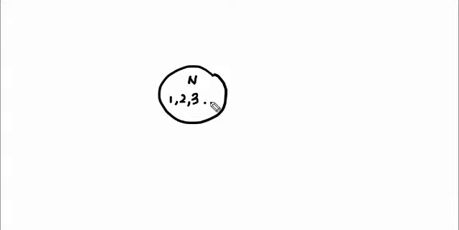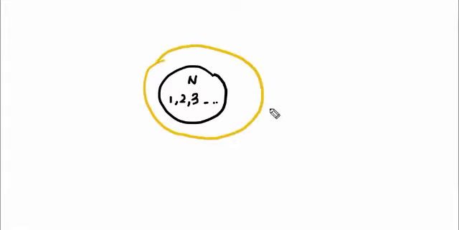Let's put these in a different format. First, we'll draw a circle for natural numbers. Now these are natural numbers and we know they are 1, 2, 3 and up to infinity. The next one would be whole numbers. For whole numbers, we add a 0, so we take a little bigger circle which encompasses the inner circle, and what we add is a 0.